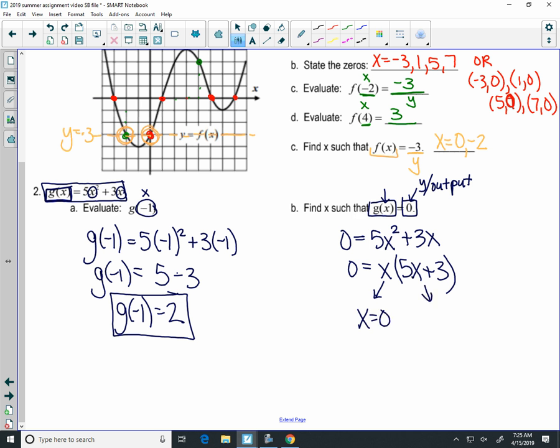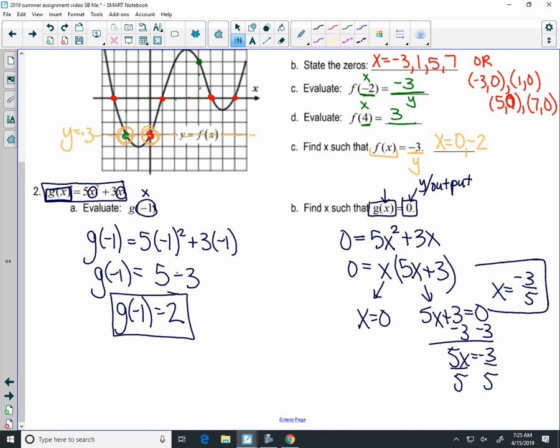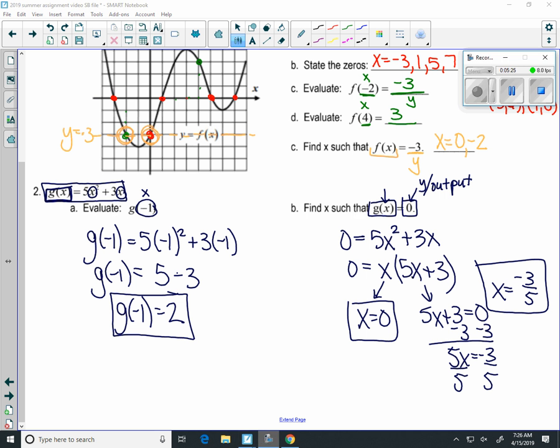Here I have 5x plus 3 equals 0. So I'm going to move that 3 and divide by 5. So there are my two solutions that I should get anytime I see a square and I'm solving for x. One is x equals 0, the other is x equals -3/5. And that is your function notation section of practice test number 2.